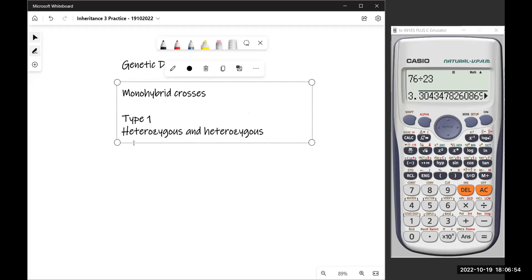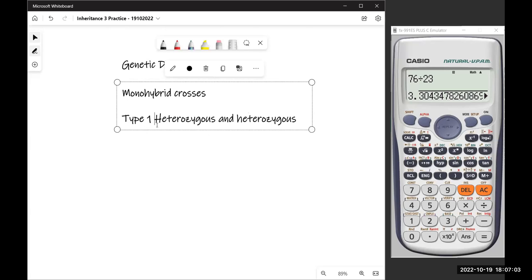Okay, so parents, type 1. Heterozygous with heterozygous, that's the name.